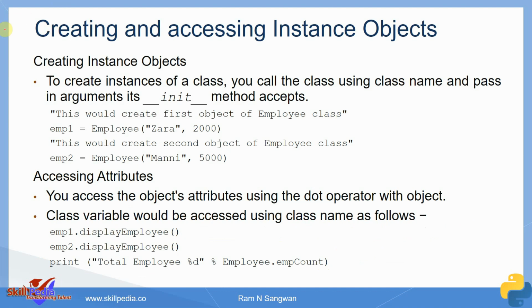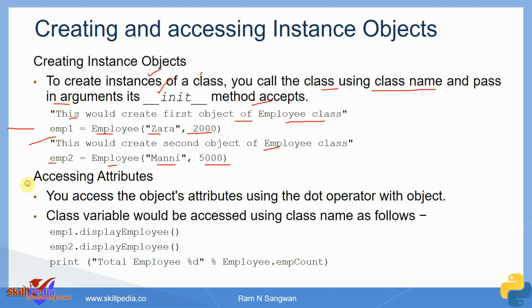Creating instance objects. To create instances of a class, you call the class using the class name and pass in the arguments the init method accepts. So this would create the first object of the class Employee: emp1 = Employee("Zara", 2000). This would create the second object of the class: emp2 = Employee("Manni", 5000). How can we access them?